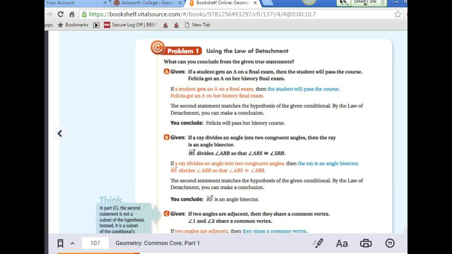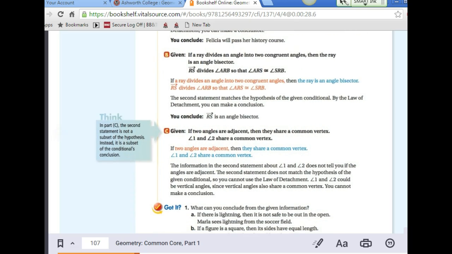That idea of if the second statement matches the original hypothesis, then we can get the conclusion from that. Okay. C. If two angles are adjacent, they share a common vertex.